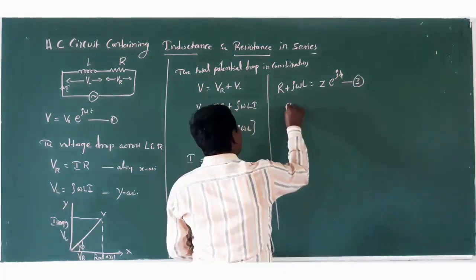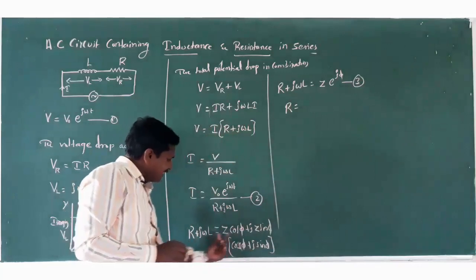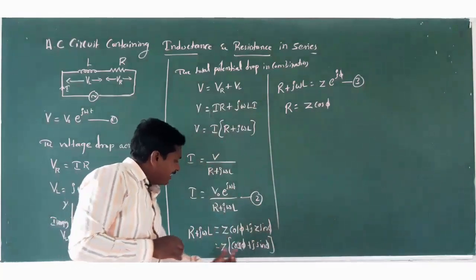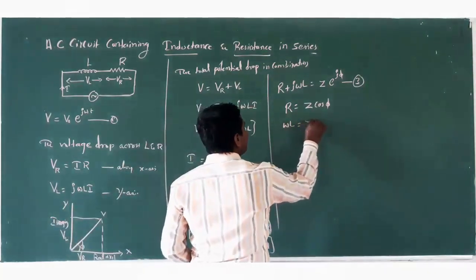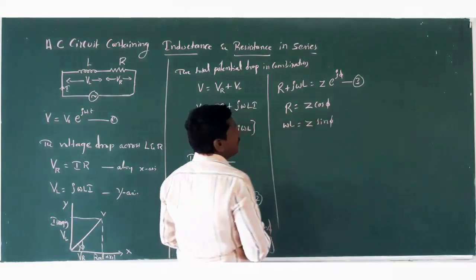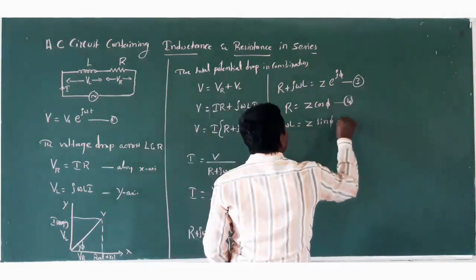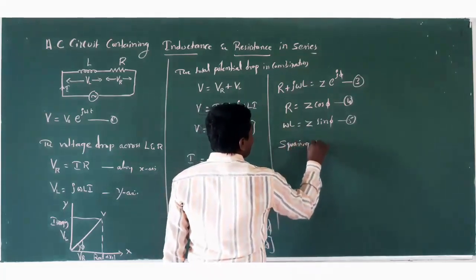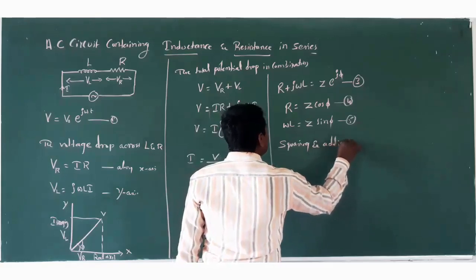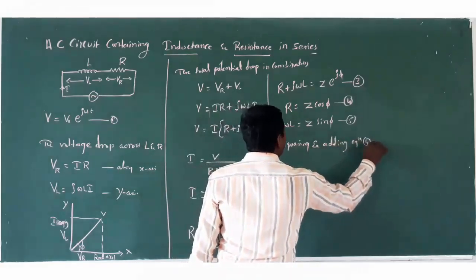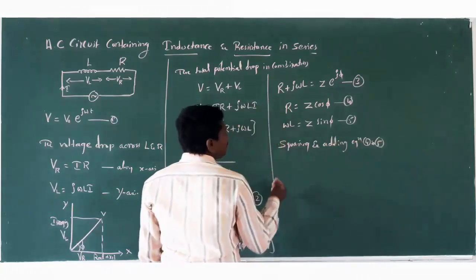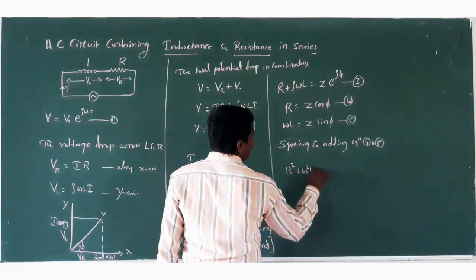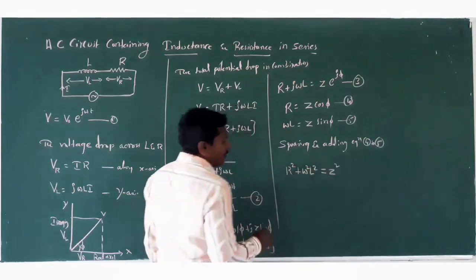We know that R, from this equation, is nothing but Z cos phi, and omega L is equal to Z sin phi. Let us consider these as equation number 4 and equation number 5. Squaring and adding equations 4 and 5, we are going to get R square plus omega square L square, which is equal to Z square.